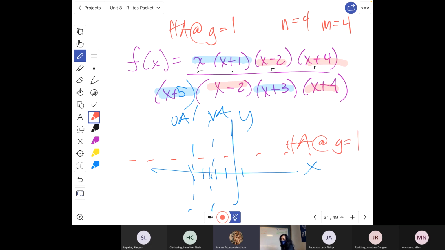Dr. B, yes. Since there's 2, would you just automatically know it's that top and that bottom section? Or, oh wait, no, you can do the outside. So I have 3 regions I need to check, right? To the left of this one, I can either be here or here. For this one, I could be either here, or both, technically, because I could cross that horizontal asymptote in the middle.